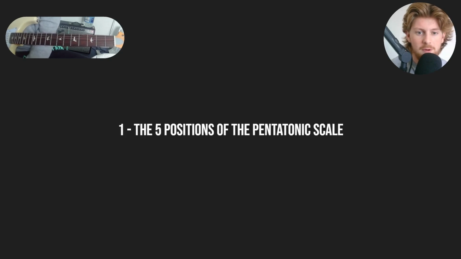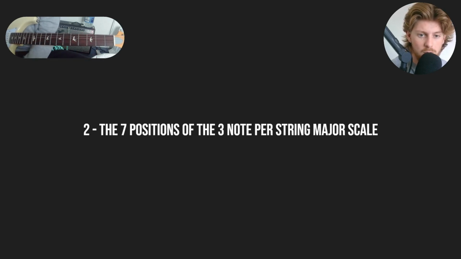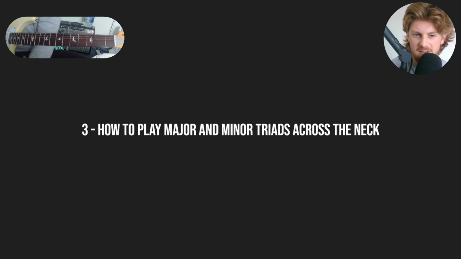So number 1, this is probably the most basic one, the 5 positions of the pentatonic scale. Most likely you've already got this covered, which is good, but just make sure you know what they are and how to play through all of them. Number 2, the 7 positions of the 3-note per string major scale. Number 3, how to play major and minor triads across the neck.